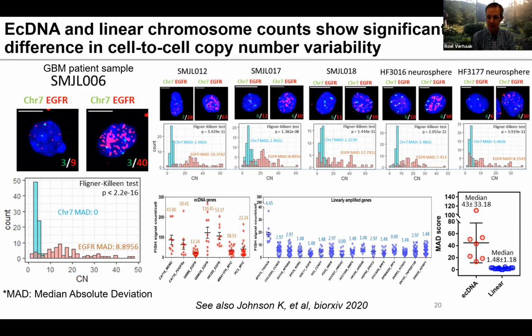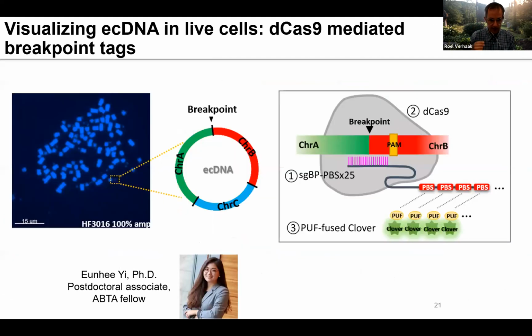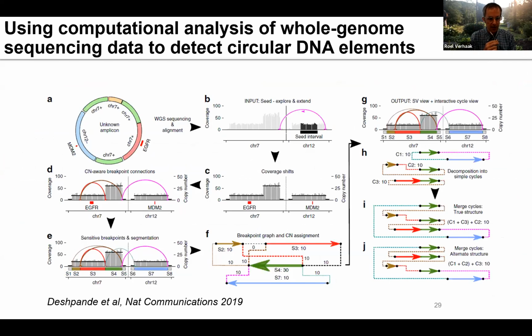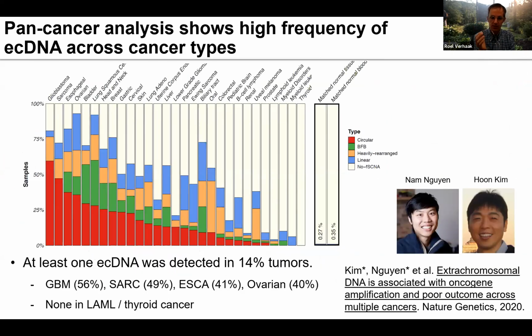a wide diversity of genomic properties of ecDNA elements. So we found in total close to 600 different ecDNAs in our set of tumors.